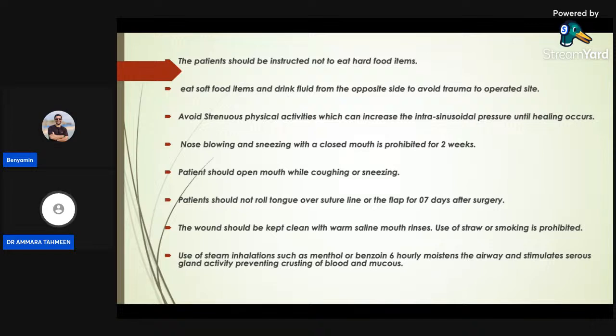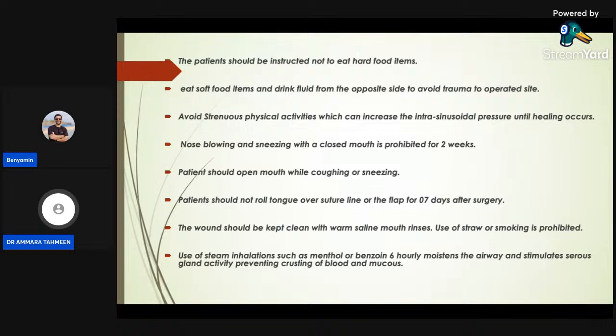It decreases the viscosity of the fluids in the maxillary sinus and moistens the sinus, which leads to the free flow of the sinus secretions and clears the sinus cavity. So this is how secondary infection due to the procedure during the healing phase is avoided.